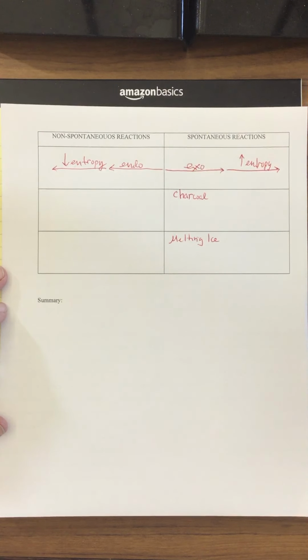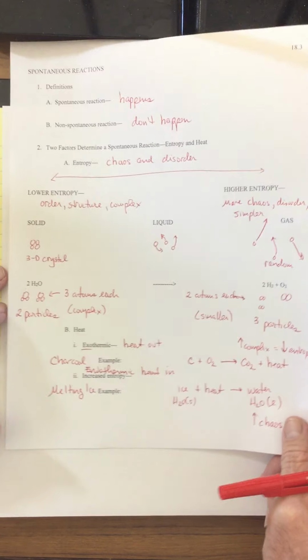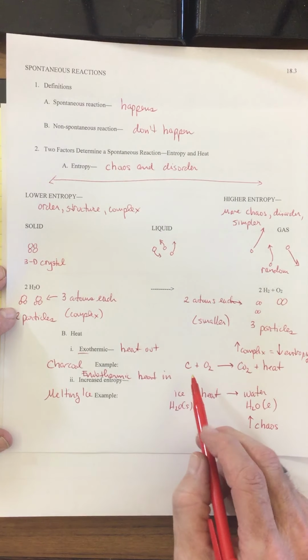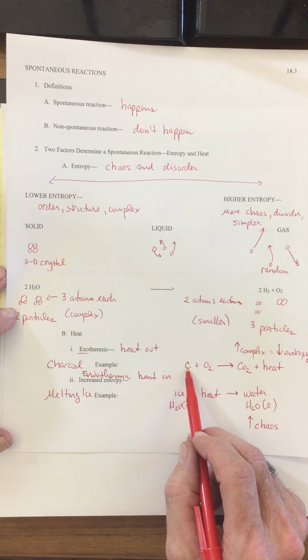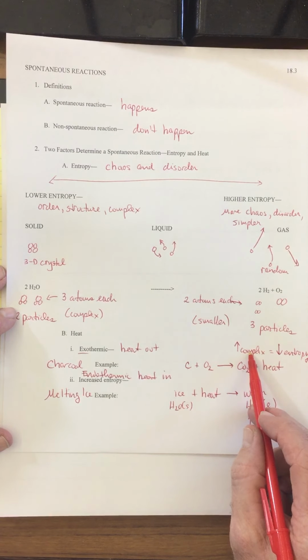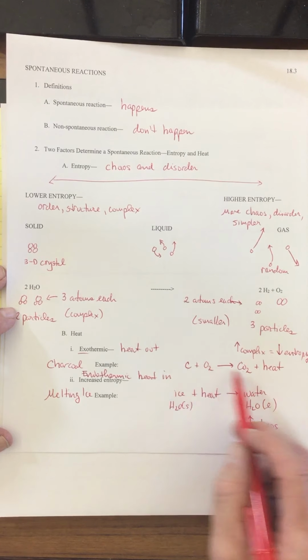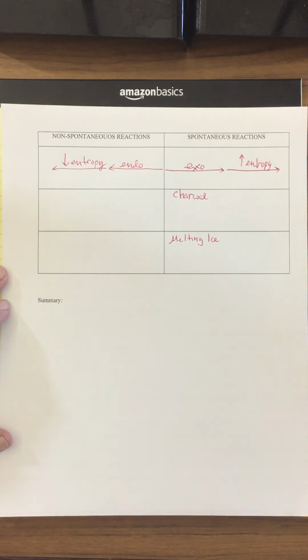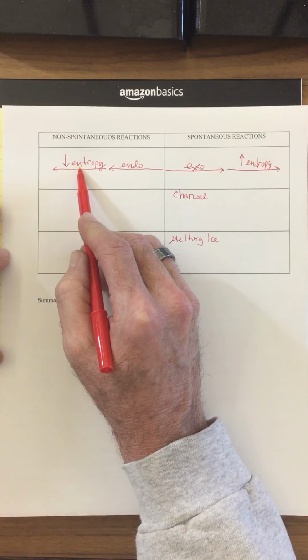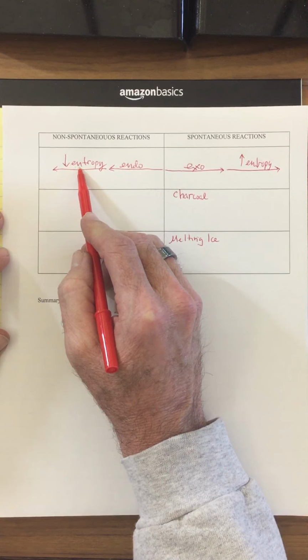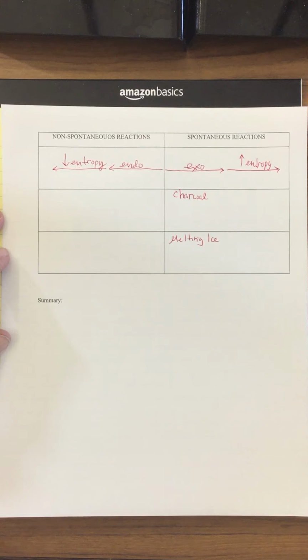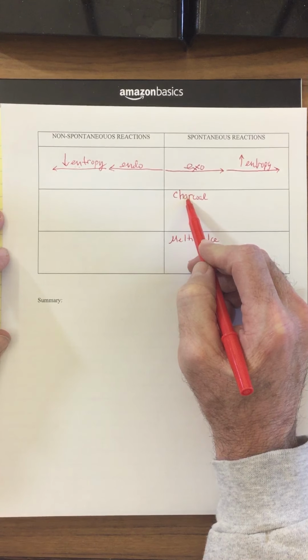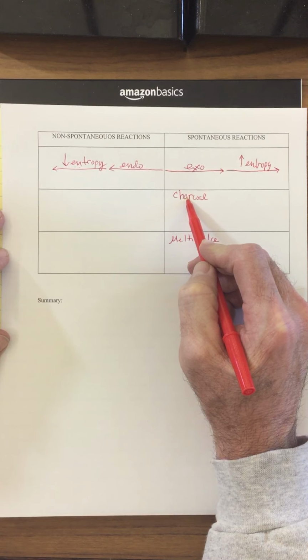So let's take a look at our scenario again. When we are burning charcoal, we're producing something that's very complex. We're taking 2 things and we're making 1 thing. We're decreasing the entropy. But if you look at this part over here, this is saying, well, if you decrease your entropy, you're going to have a non-spontaneous reaction. But we can burn charcoal.